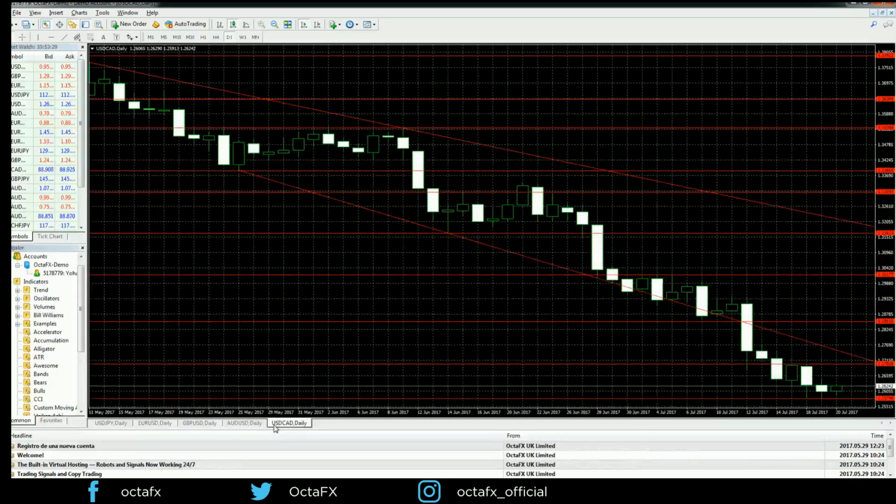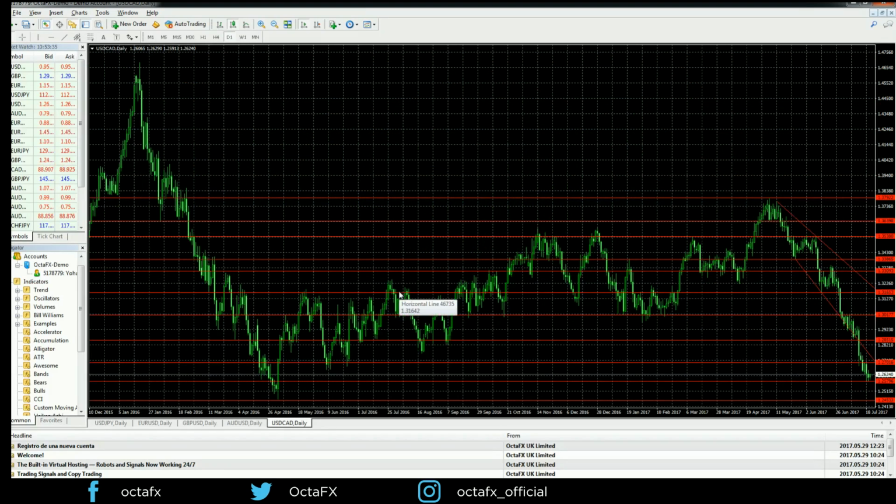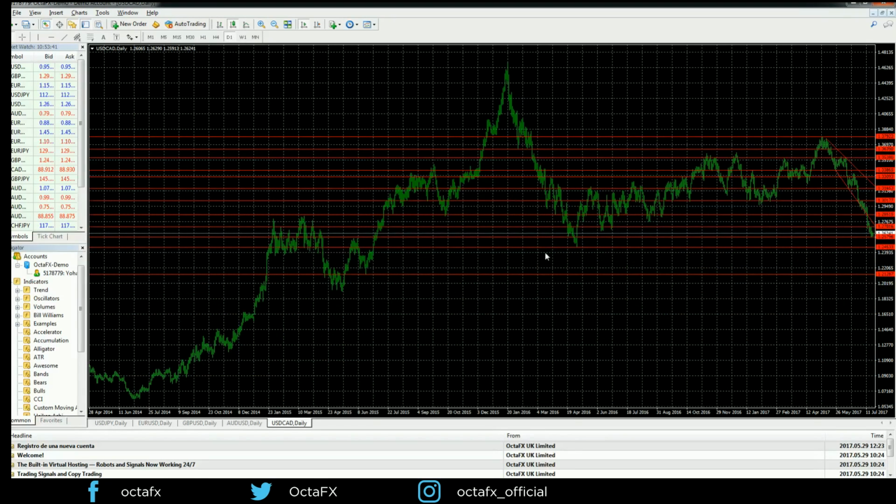So dollar CAD, here is the big downfall. Let's zoom out and show you why 124.60 right here is a very critical level, because if we zoom out even further, you can see that 124.60, the low seen last year, was also the lowest in, well, to reach lower levels we need to go 2 years back into the past.